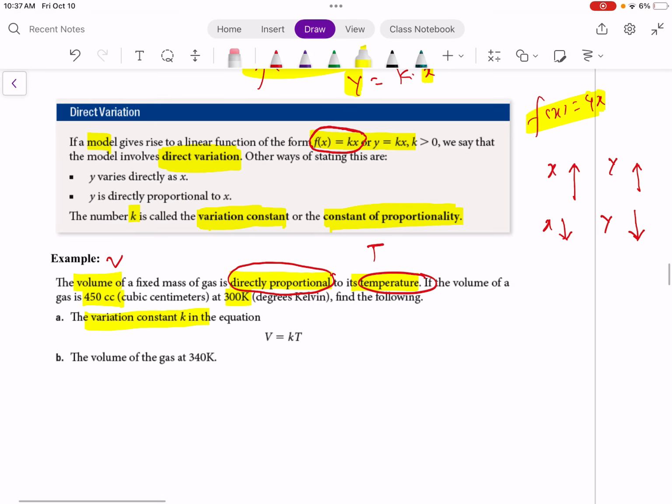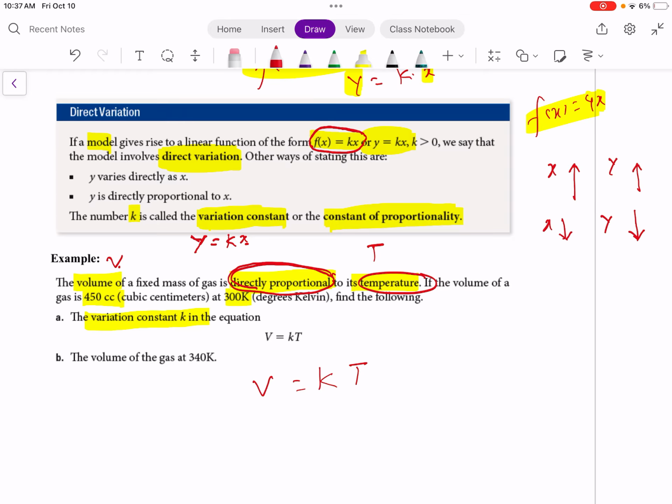Every time you have directly proportional, you have to use the expression y equals kx. In our case the output y is V, so we have V equals k times T, where k is a constant and our x is temperature. Our V is the dependent variable, volume depends on temperature.